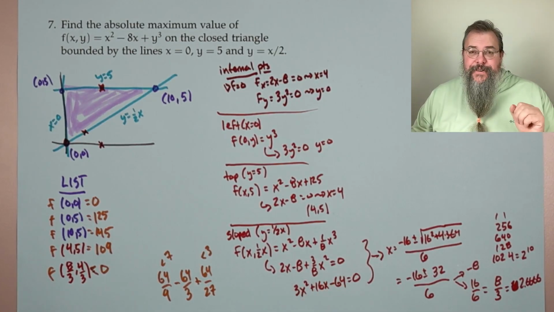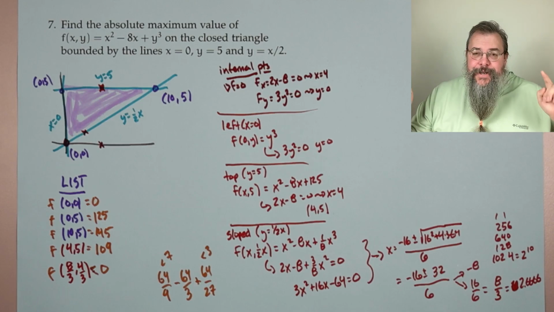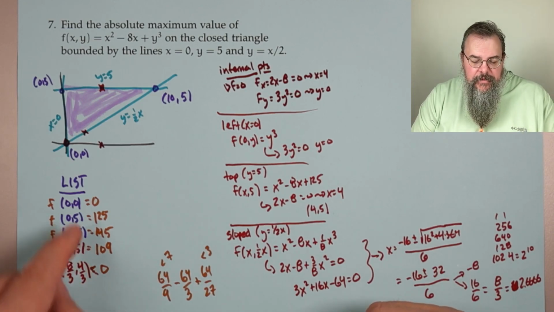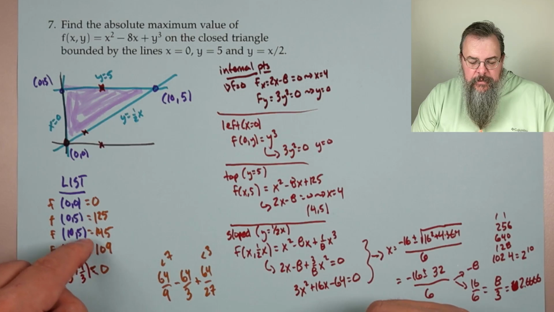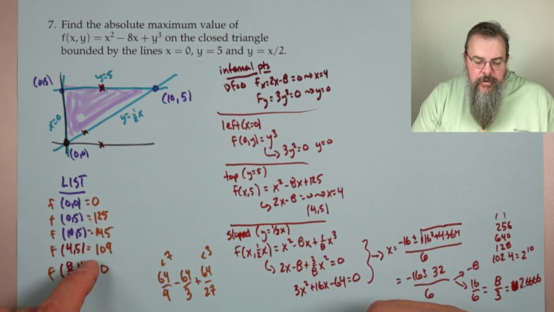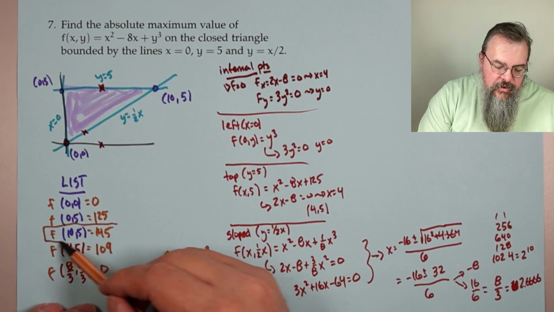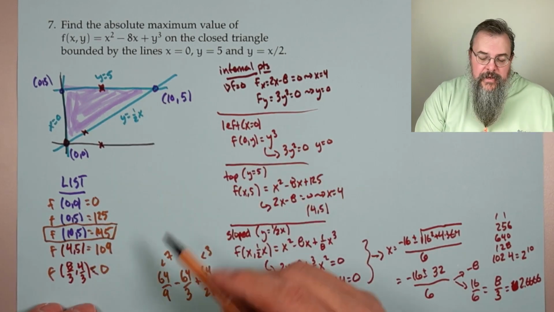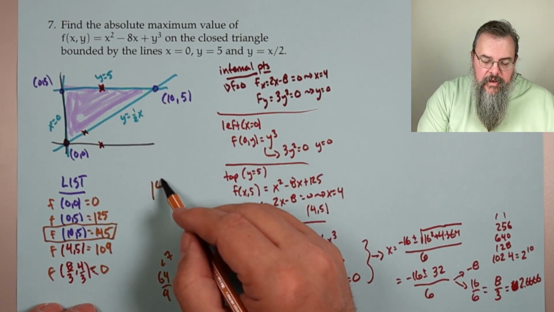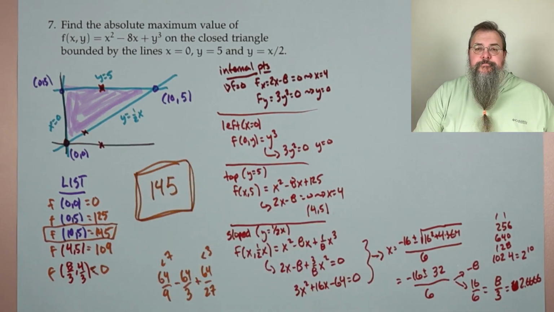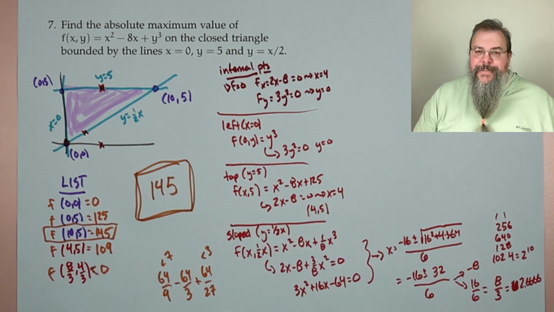Okay, so that's ruled out. So now we look at these numbers. I have a negative number, then I have a bunch of numbers that are pretty big and a 0, and I say, well, what's the biggest one? The biggest one is in this corner, 10, 5. So our absolute max is this number 145. Done.